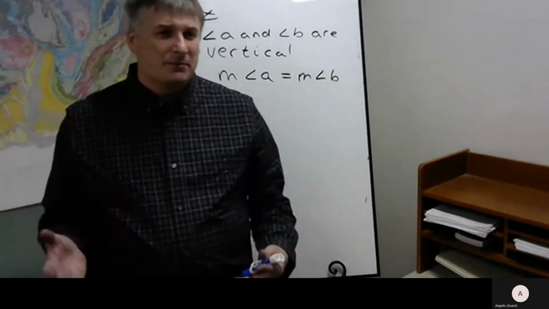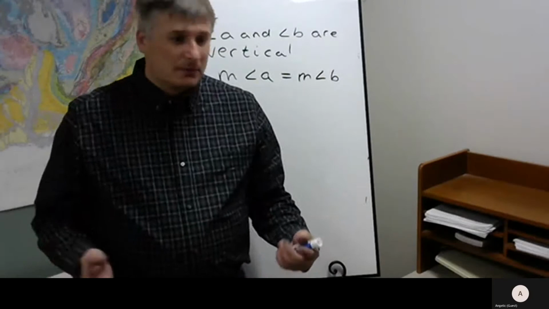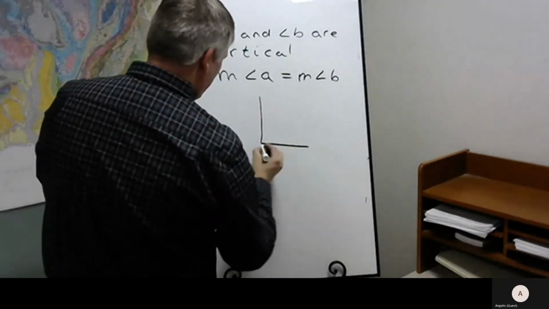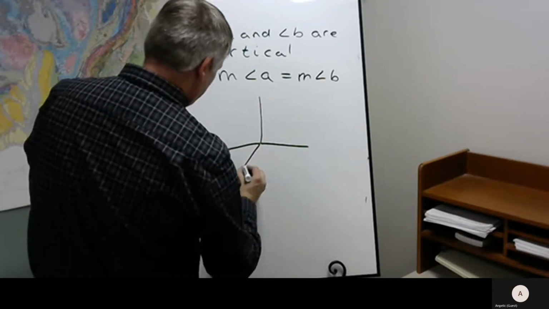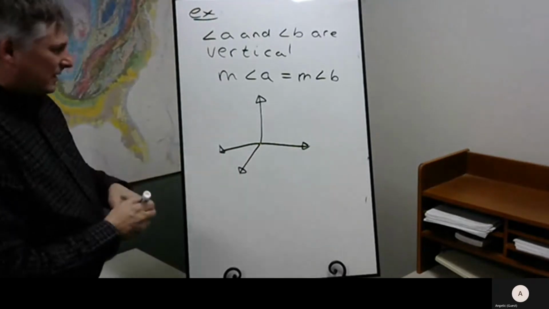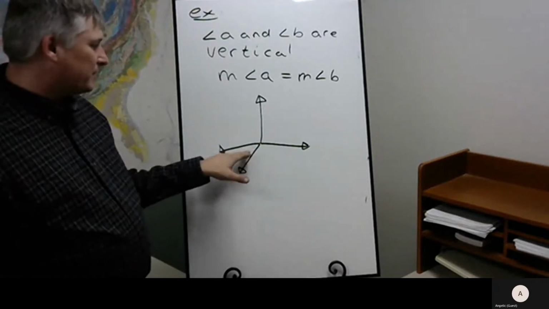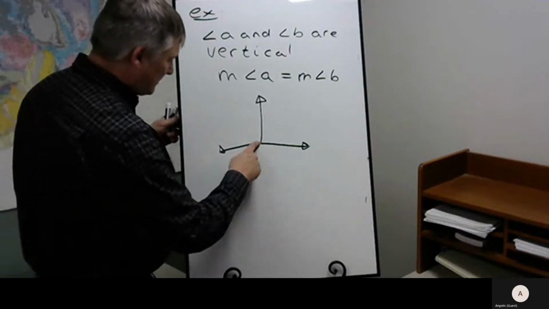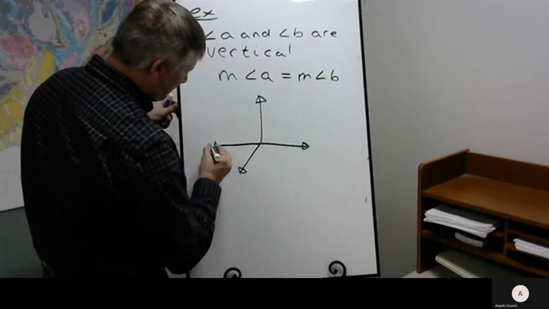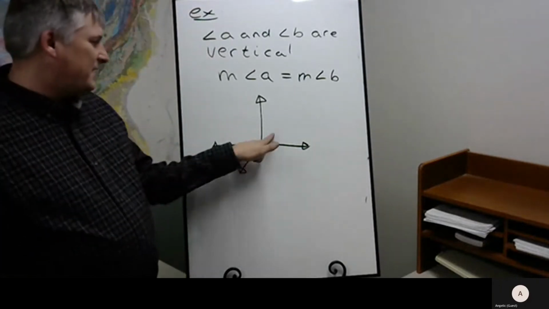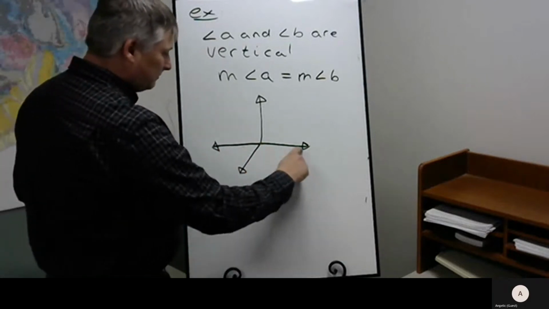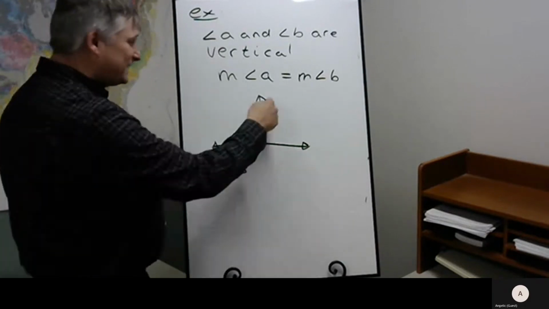Just because angles are across from each other doesn't mean they're going to be equal. So for example, just to kind of show this, if you have something like this, these angles are across from each other. Here, let me draw this one like this. These angles are across from each other, but they're not going to be equal. This is a line, sure enough, but this isn't a line.